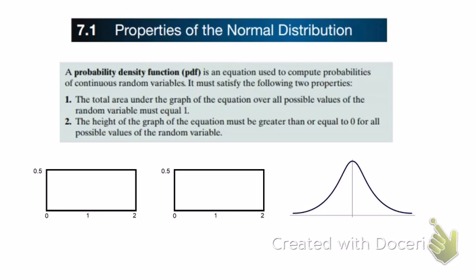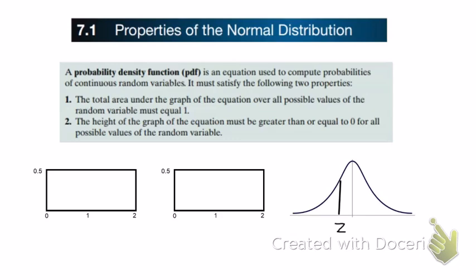To find proportions of areas in this, we'd need to know calculus. If you take higher levels of statistics, you'd have to use calculus to find the areas. We're not going to have to do that. So we're going to base ours on a z-score, which is going to place us somewhere on that curve.